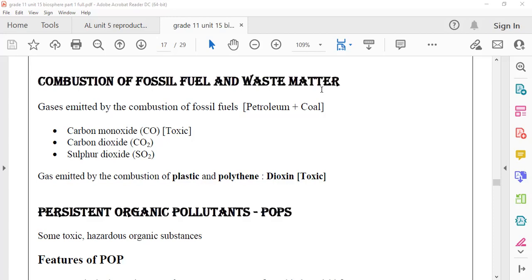And thereafter, we come to a heading called gases emitted by burning plastic and polythene. In our Kandy district, plastic and polythene materials are collected once a week by the Kandy Municipal Council.